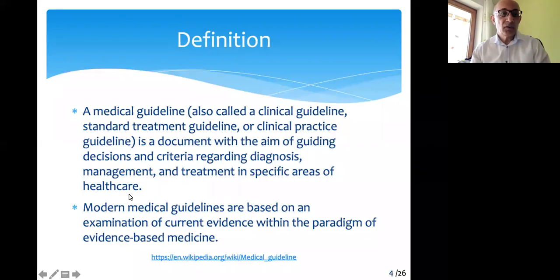Let us read from the Wikipedia the definition of guidelines. In Wikipedia, you will find this phrase: a medical guideline, also called a clinical guideline, standard treatment guideline, or clinical practice guideline, is a document with the aim of guiding decisions and criteria regarding diagnosis, management, and treatment in specific areas of healthcare.